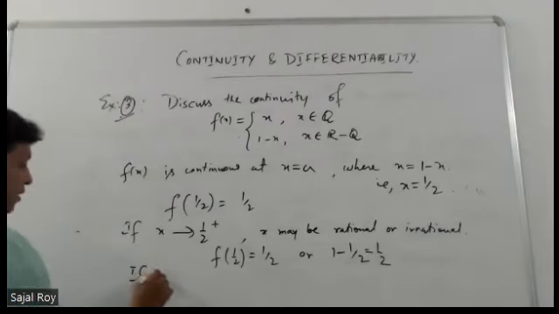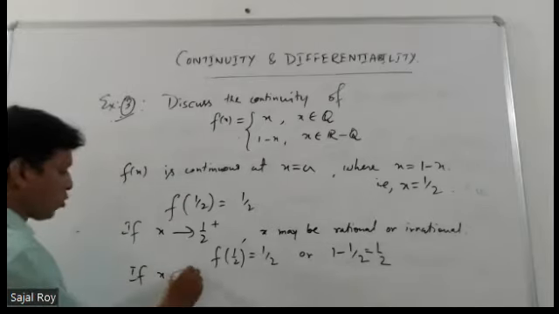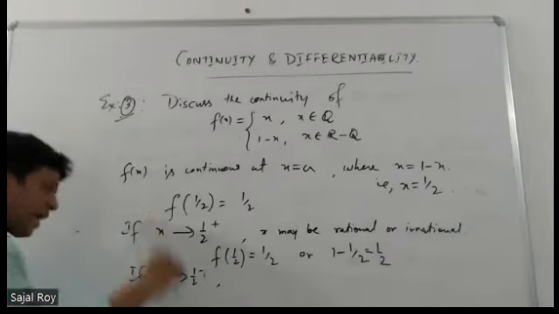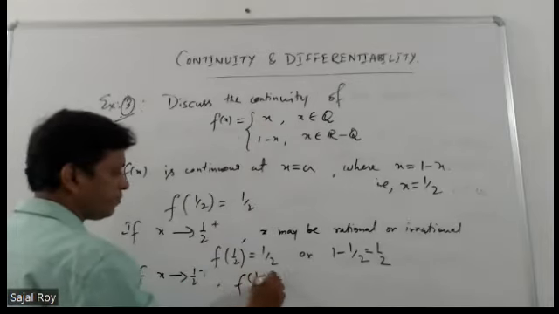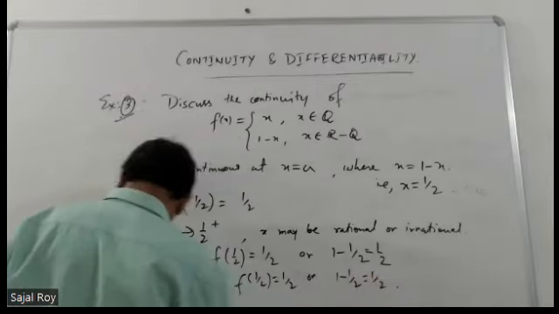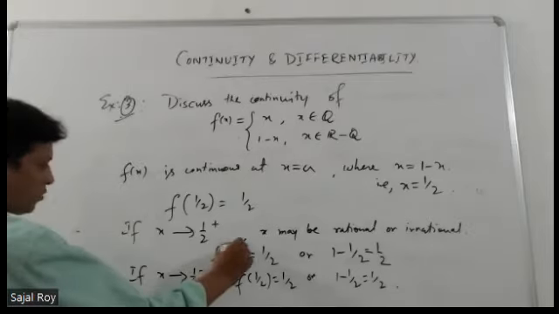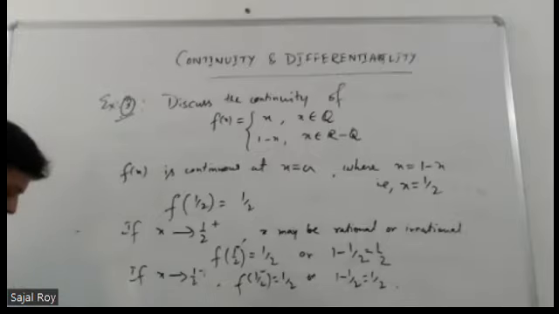And if x goes to half minus, then x may be rational or irrational. In that case also, half, half. So f(x) oscillates around half. So where is the continuity?